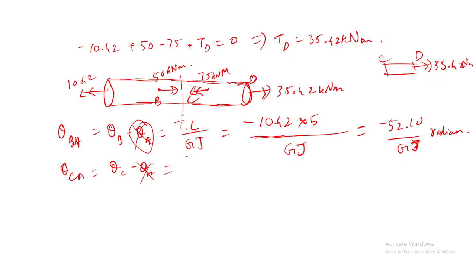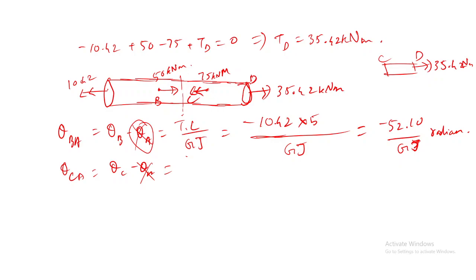But how come? One minute. See, 75 plus 10.42 minus 50, which is 35.42, which is acting in the opposite direction.